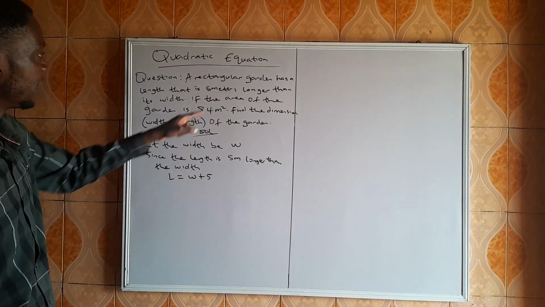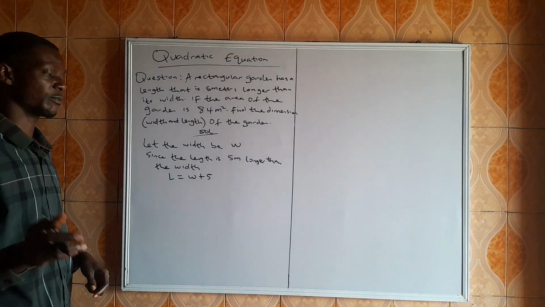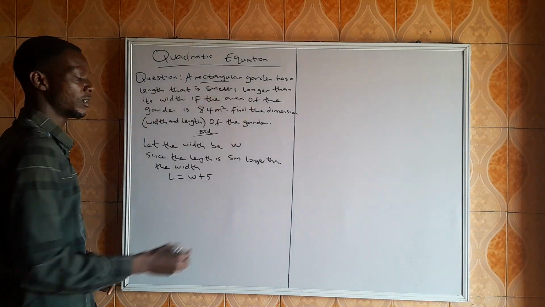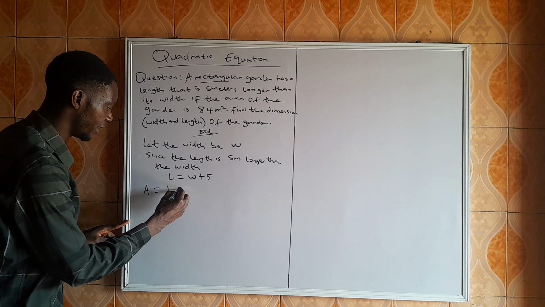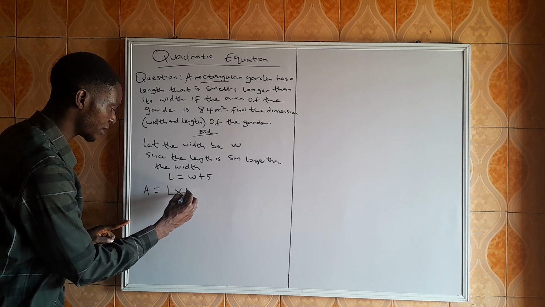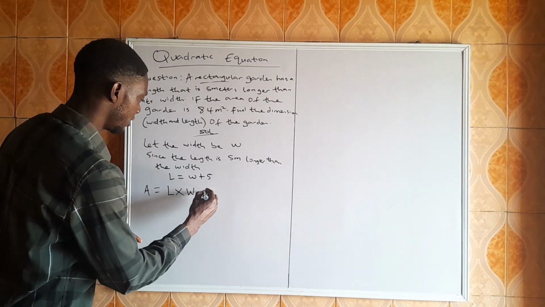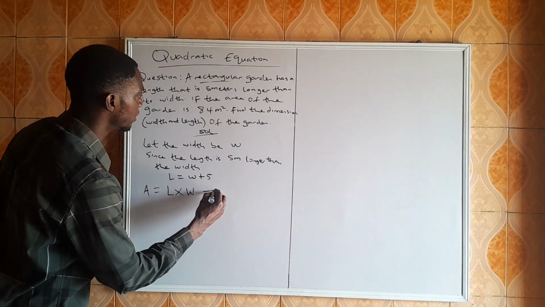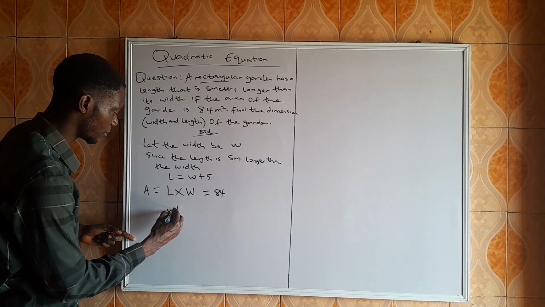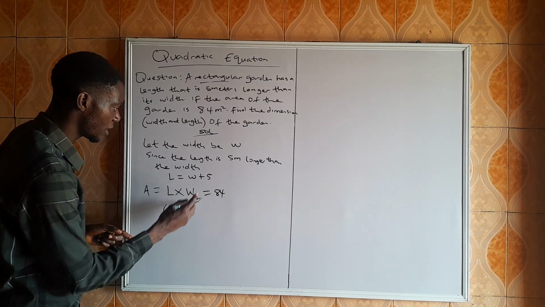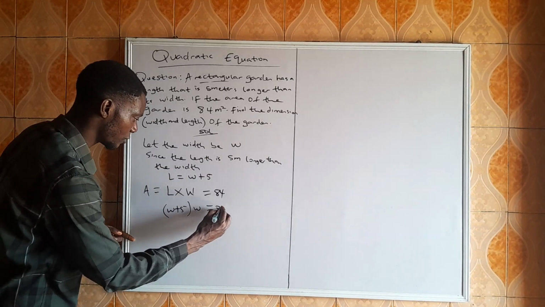Now, I'm also given that the area of the garden is 84 meters squared. Remember, the garden is rectangular in shape, and the area of a rectangle is what? Length times the breadth. So in this case, it will be length multiplied by the width, and it's equal to 84. The length is W plus 5, and the width is W, which equals 84.